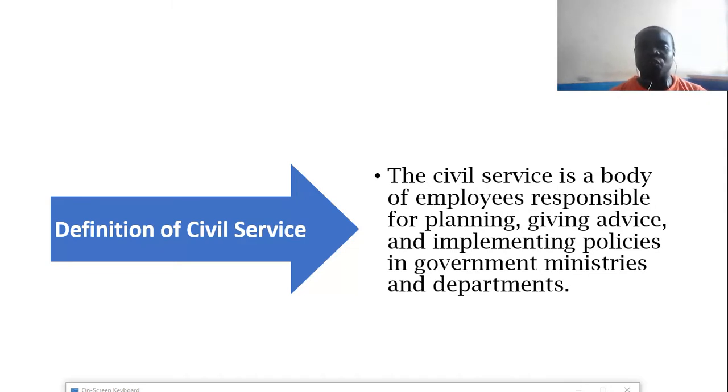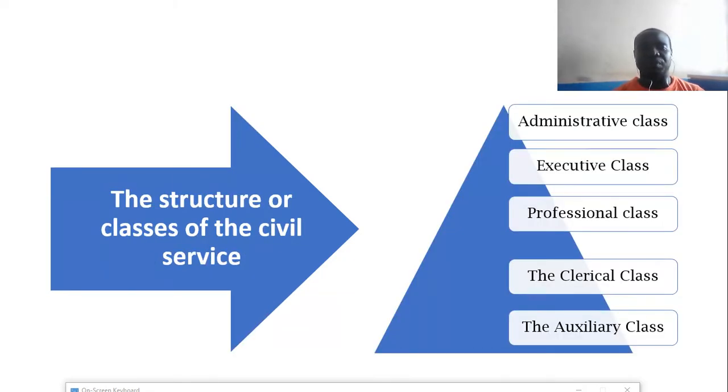That is the meaning or definition of civil service. It is also pertinent to note that the employees in civil service are called civil servants.